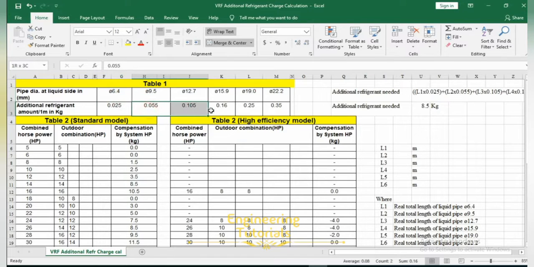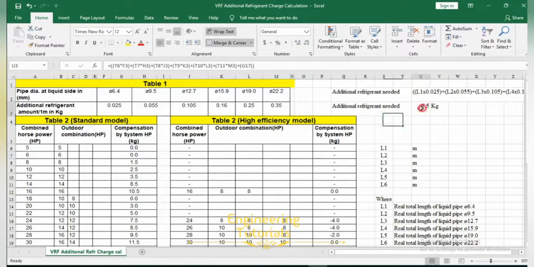All of these are mentioned per meter. Per meter we need 0.055 kg additional refrigerant due to 9.5 mm dia. In the same way, 0.35 kg refrigerant is needed per meter of dia 22.2 mm.